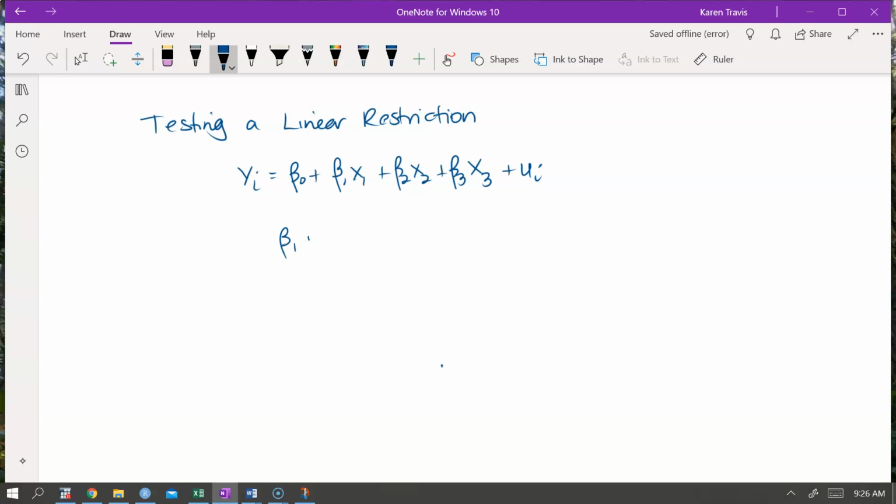So if we thought that the magnitude of this was roughly the same as the magnitude of B3.